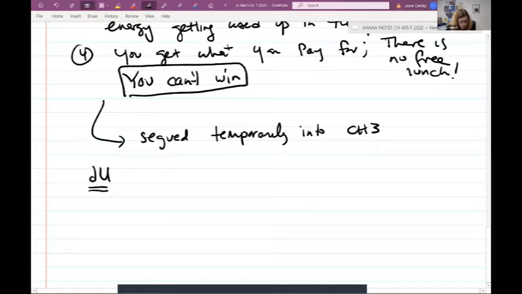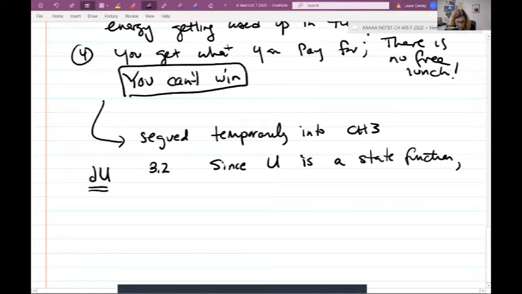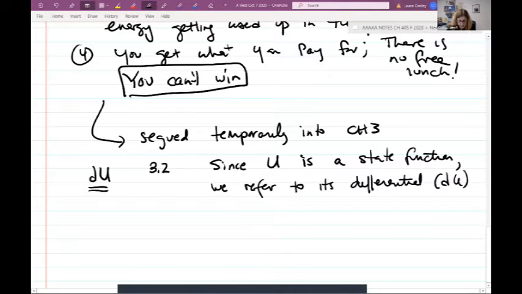So in this chapter, in section 3.2, it tells you that since the internal energy is a state function, we refer to its differential dU as exact.